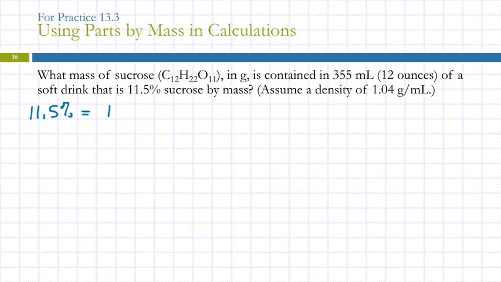So that means we have 11.5 parts of sucrose. What would be a nice mass unit to use? Grams. So 11.5 grams of sucrose. Percent is parts per 100 parts. So per 100 grams of solution.